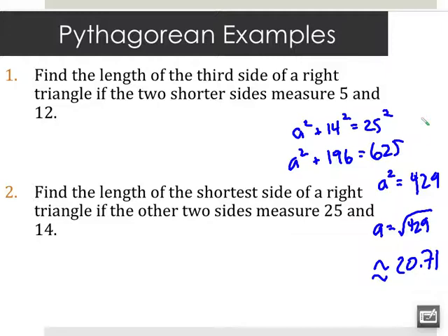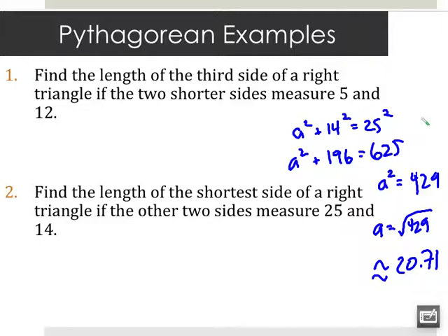Anybody able to simplify square root of 429? Let's try some numbers. I know 4 doesn't go into it. What's 429 divided by 9? Is that a nice answer? No. Okay.